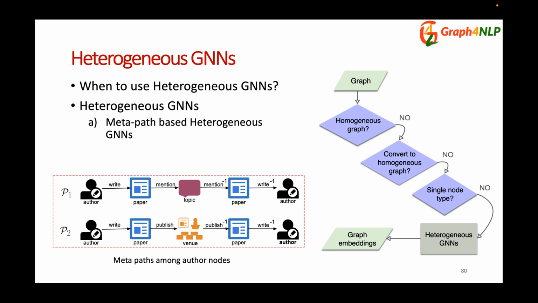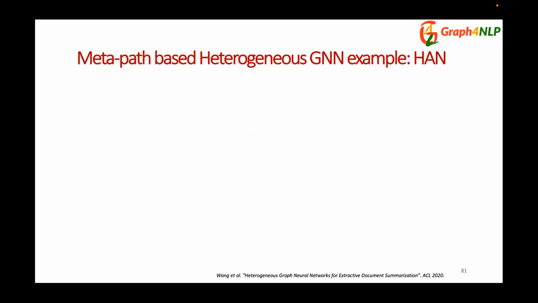Similarly, we can extract other meta paths between authors, for example, author, paper, venue, paper, author. Specifically, we will introduce one variant of such meta path based heterogeneous GNN called HAN.